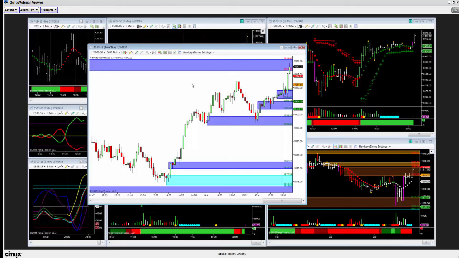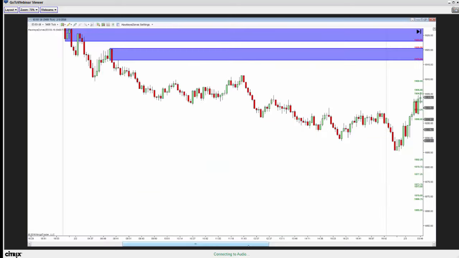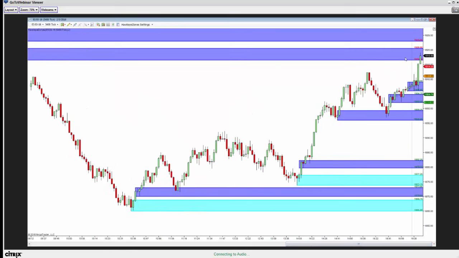All right, so as far as the zones are concerned, we're looking back to that, and we can see that that time zone has price traded right up into this area.